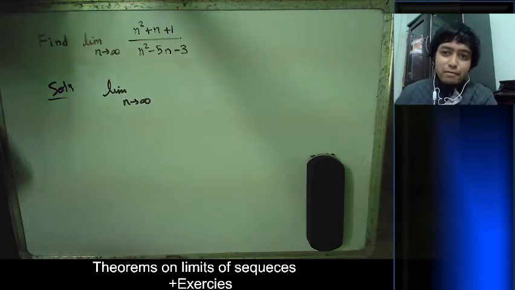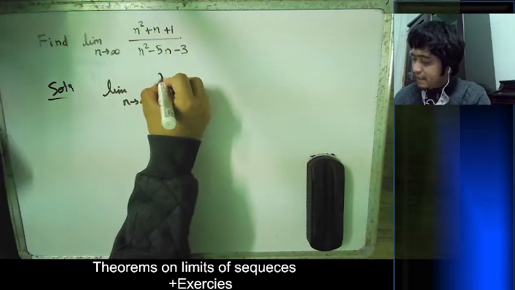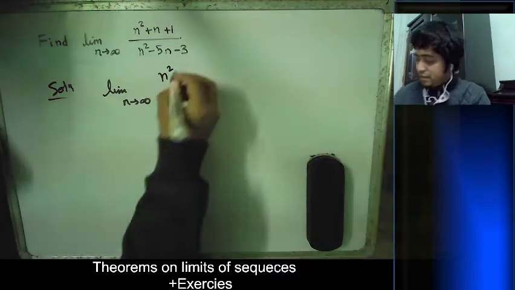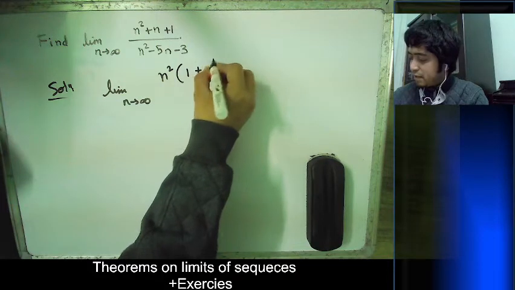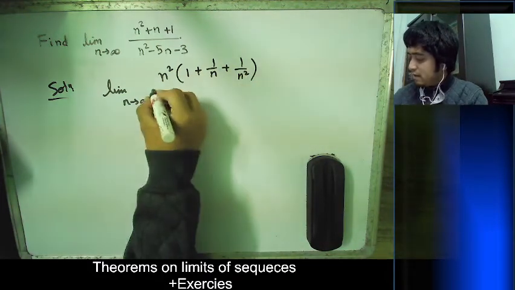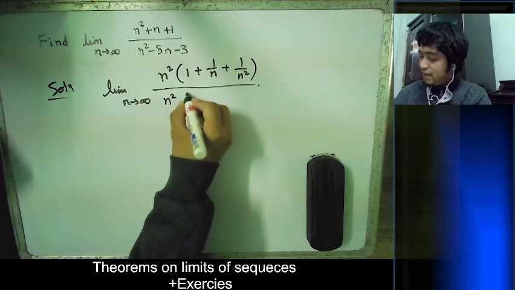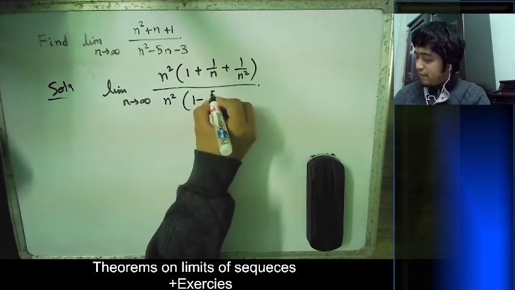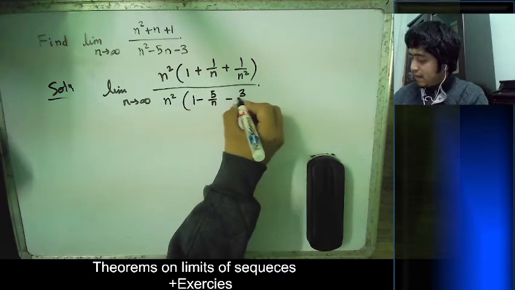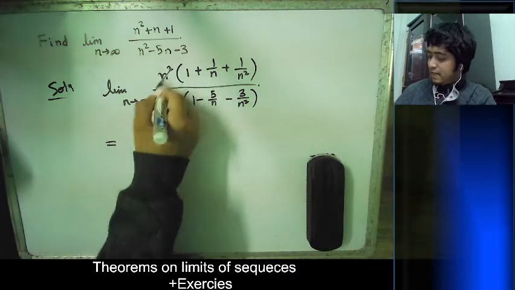We just have to take common the highest power of n. For example, here we will take common n square, so you will be left with 1 plus 1 by n plus 1 by n square. Similarly over here, the highest power of n is n square, 1 minus 5 by n minus 3 by n square. So you can cancel them.